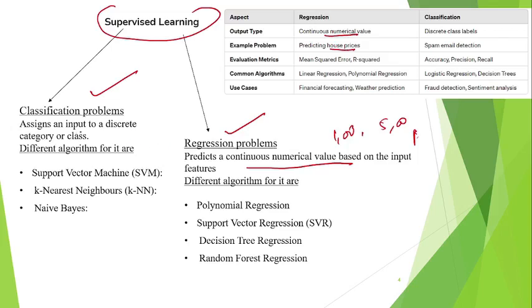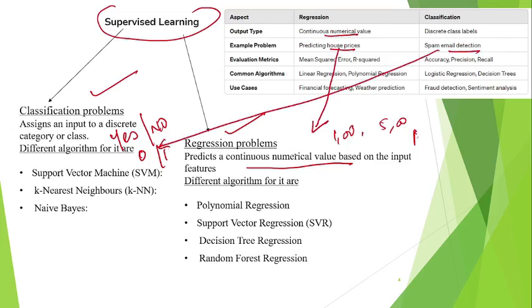What is a classification problem? Assign input to a discrete class. What is a discrete class? Yes or no, 0 or 1. Spam mail detection, yes or no. Predicting, this is continuous values, whereas this is yes or no values, correct?